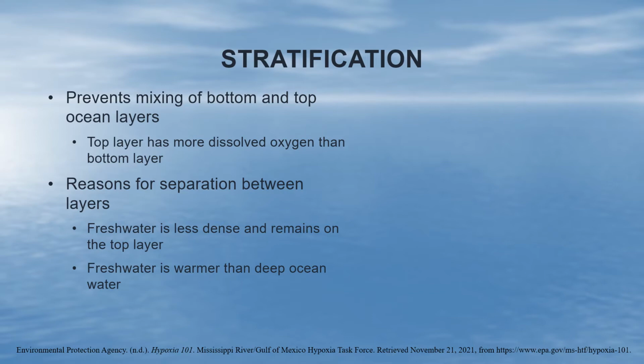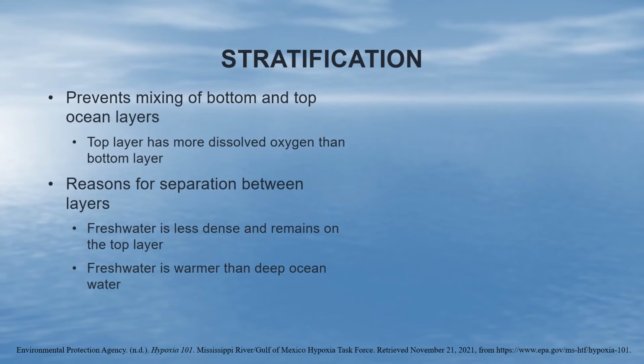So that fresh river water mixes in that top layer with the ocean, but there's a distinct line and distinct difference between that top layer and bottom layer. The top layer has a higher dissolved oxygen content, and the bottom layer will always have a lower dissolved oxygen content. Then when it's exacerbated through eutrophication, that bottom layer can become hypoxic, creating the dead zone.